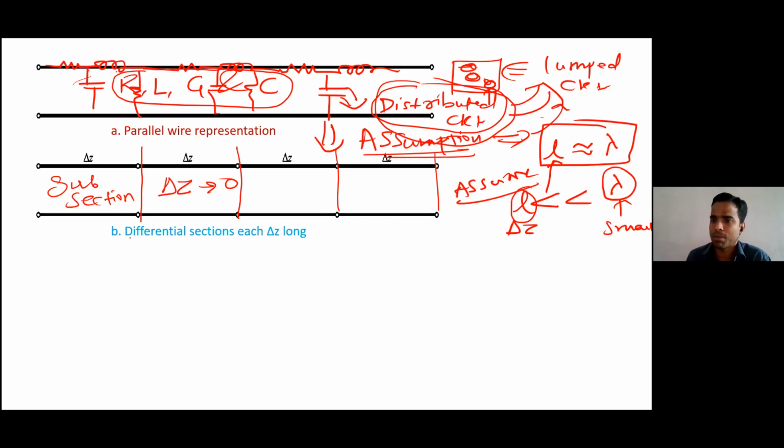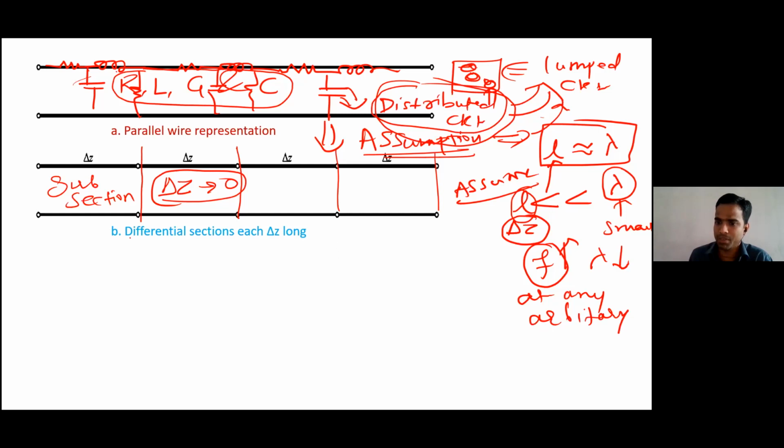So however small the lambda may be, however large the frequency may be, the length of the line is very small. It is tending to 0. So that means at any arbitrary high frequency, whatever it may be, our lambda may be smaller, fine, but the length of the line, what we assume, is tending to 0.